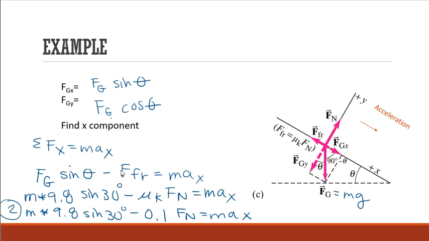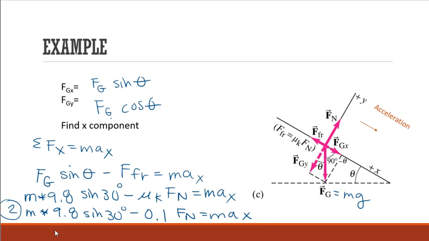Remember, kinetic friction force is mu k times normal force. We know mu k is 0.1, times normal force equals mass times acceleration in the x direction. So this is our second equation.